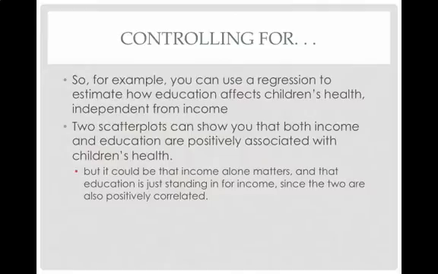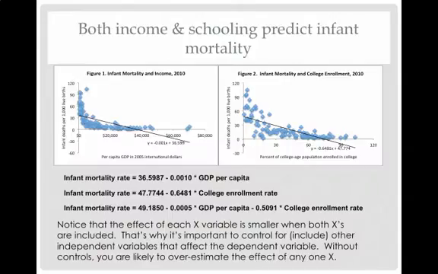Two scatter plots can show you that both income and education are positively associated with children's health. But it could be that income alone matters, and that education is just standing in for income, since the two are also positively correlated. So how do you know which one contributes? Do they both? Is just one? How does that work? So here's a picture that demonstrates this.